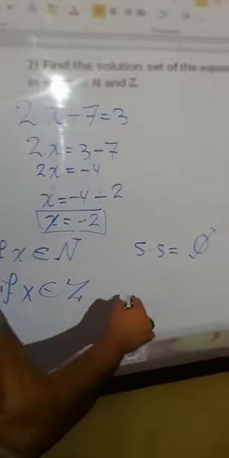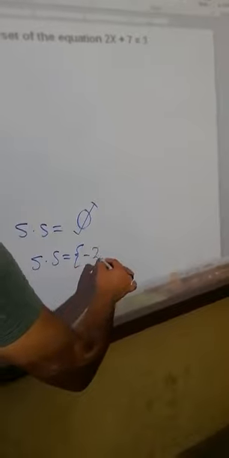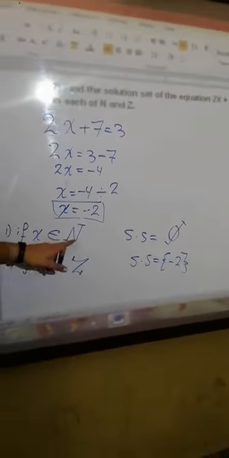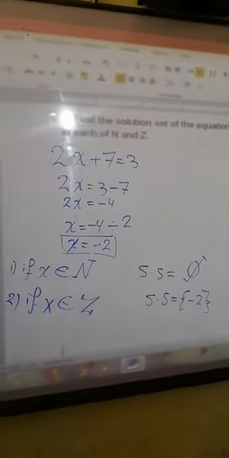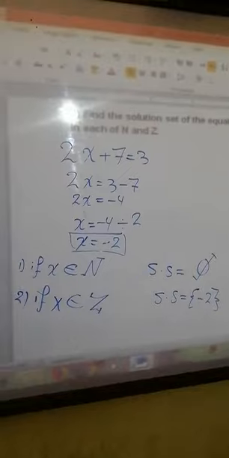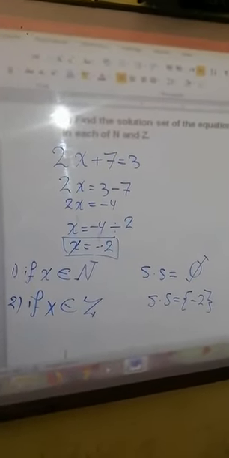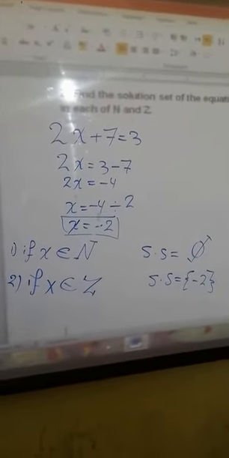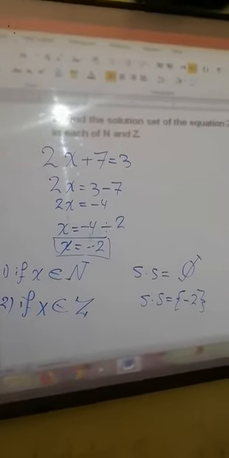So the solution set here equals negative 2. So if you look in natural numbers, you don't have any negative number in N, so the solution set must be the empty set. And if x belongs to Z, integers, the solution set will be negative 2.